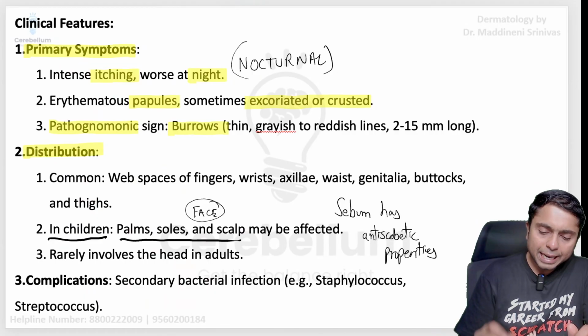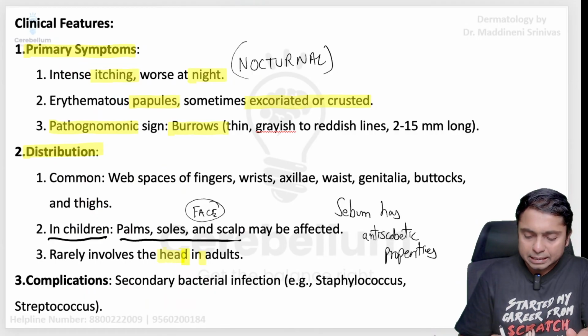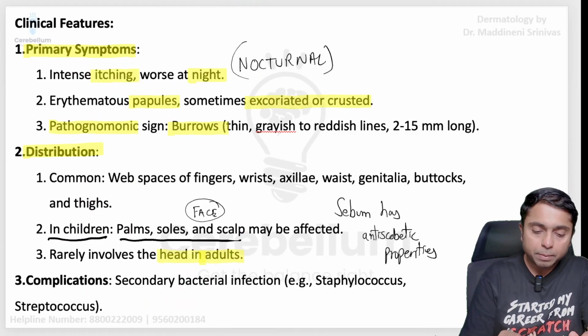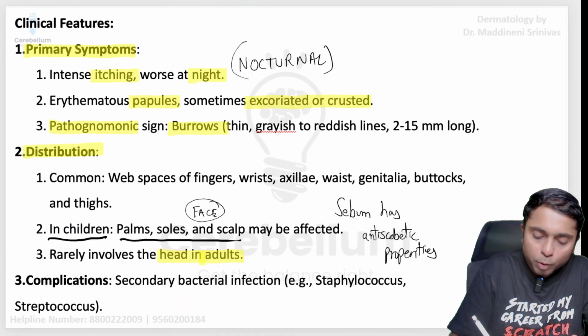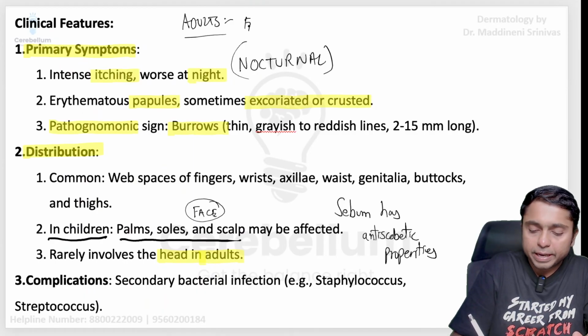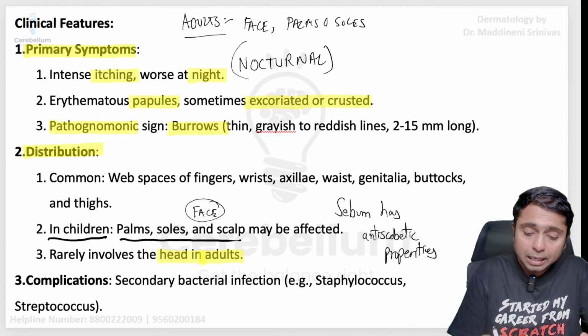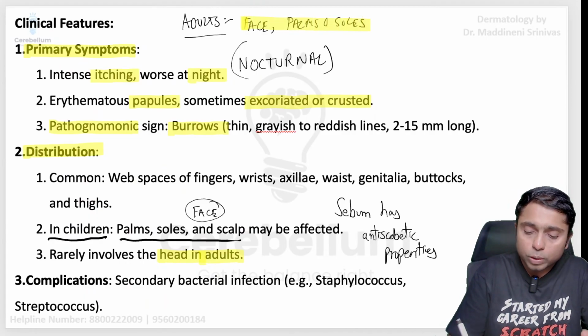And remember, very rarely, the adult's head can be affected. But remember, students, in adults, face, palms and soles, all these areas are completely spared without any lesions.